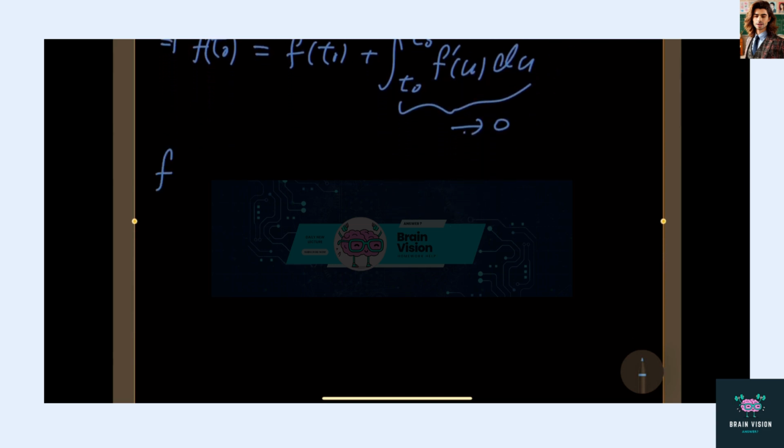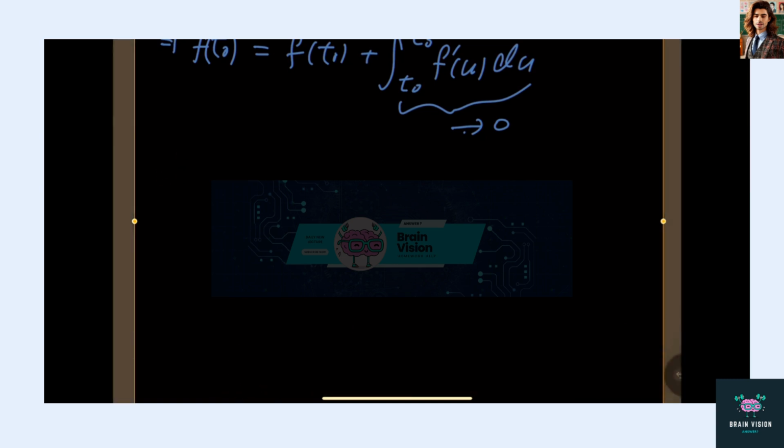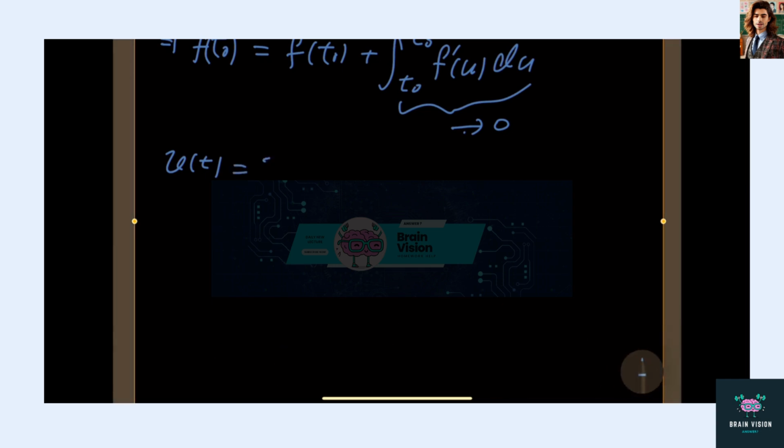Okay, so since we have the acceleration vector a of t, we can find the velocity vector by integrating the acceleration vector and summing it with the given initial value of the velocity vector, from 0 to t, of the acceleration vector at u: 2u, sine of u, cosine of 2u du.